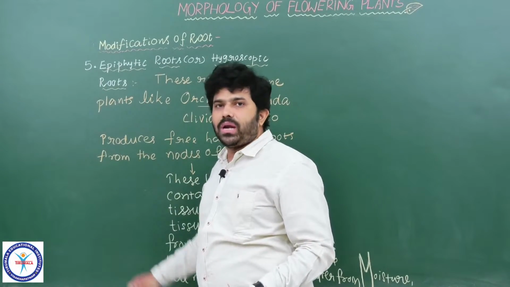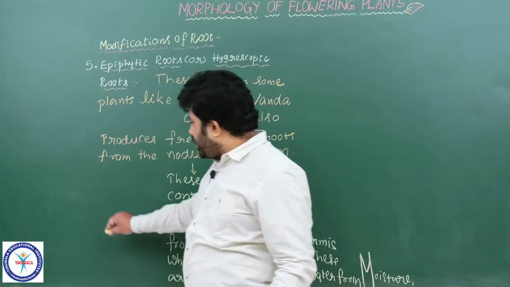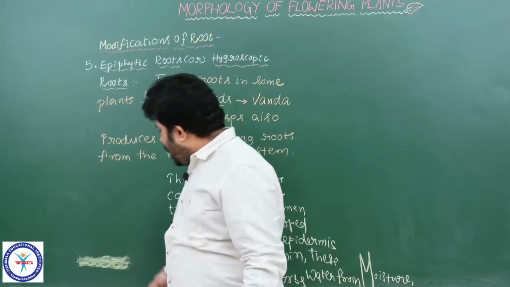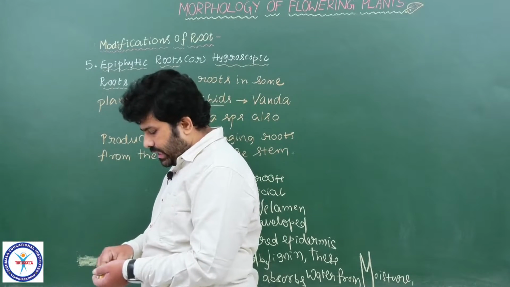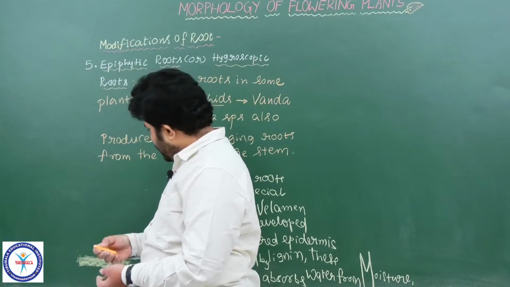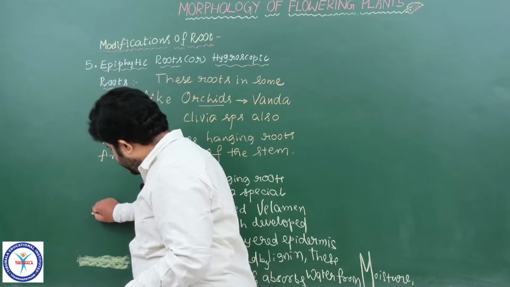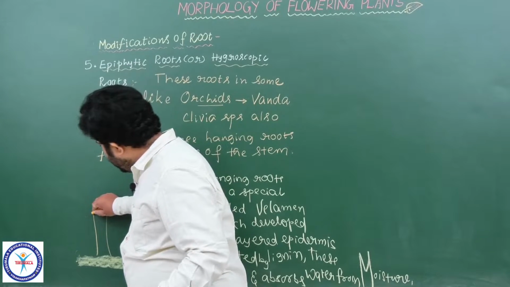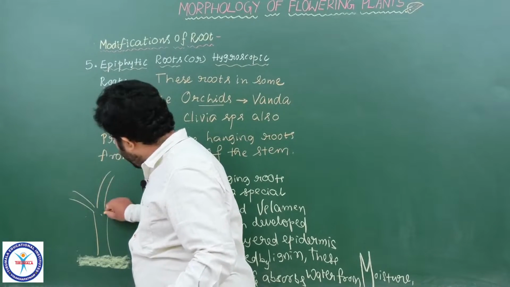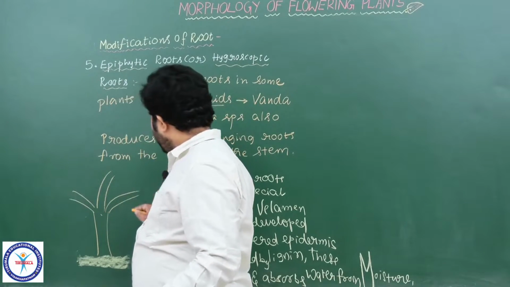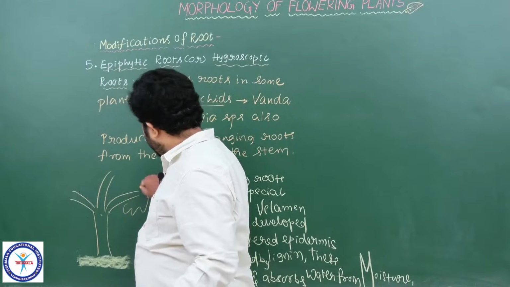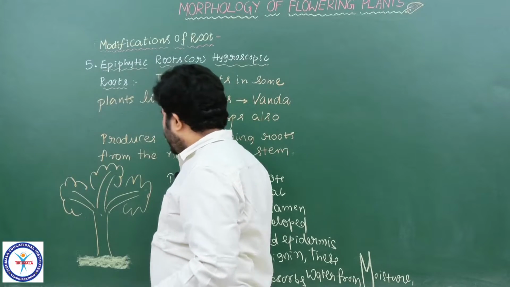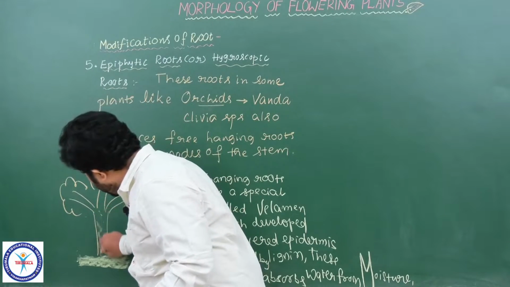Now here it is better to draw the diagram. Suppose this is the soil. On this, a very big tree is developing with a long trunk. Some branches may be produced here.